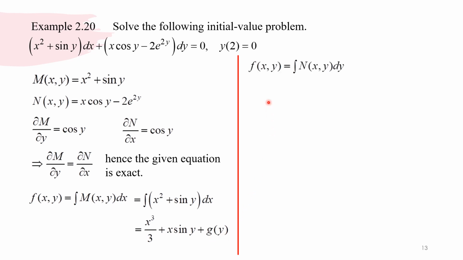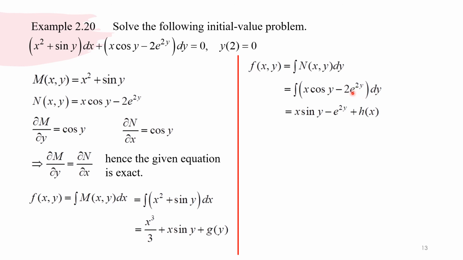Next, we are going to find f by integrating N with respect to y, substituting N as x cos y minus 2e to the power of 2y. Take note that here we are treating y as the variable and x as a constant. So x cos y, x is a constant, and integrating cos y with respect to y is just sin y, minus the integral of 2e to the power of 2y with respect to y.